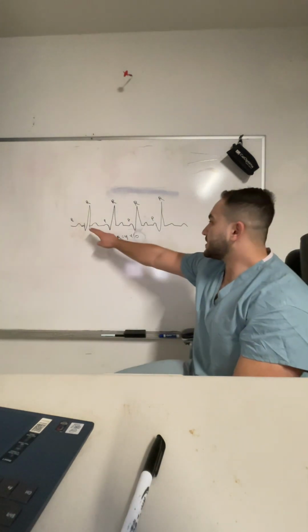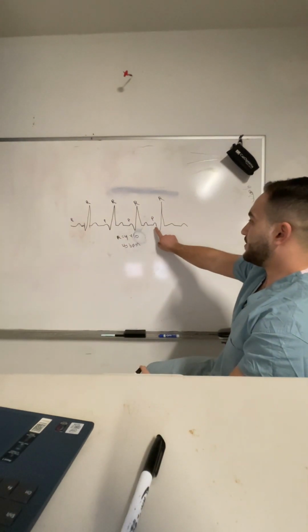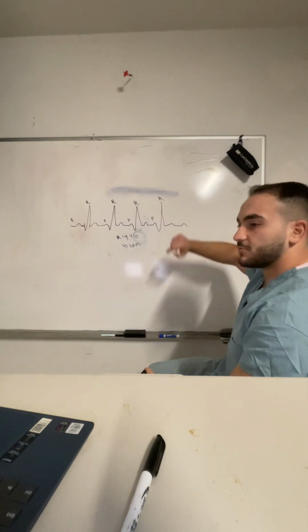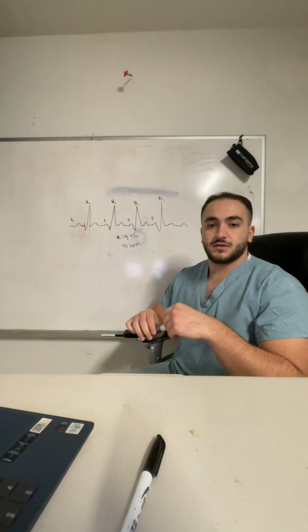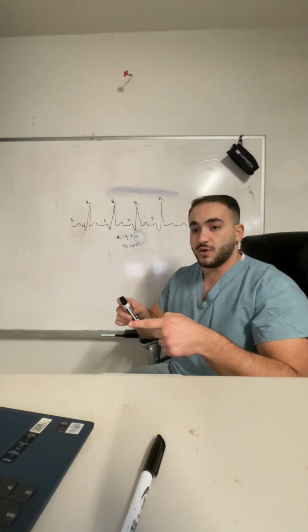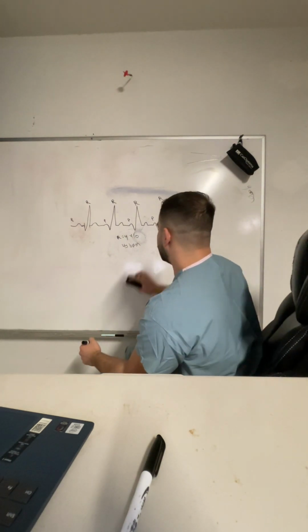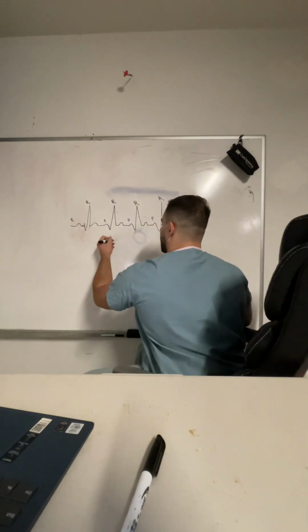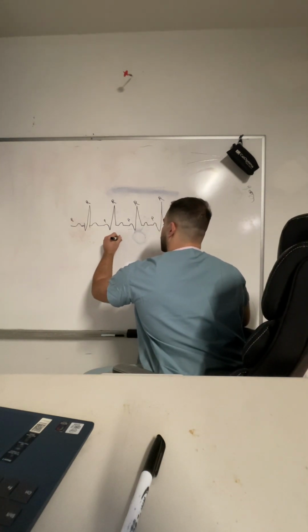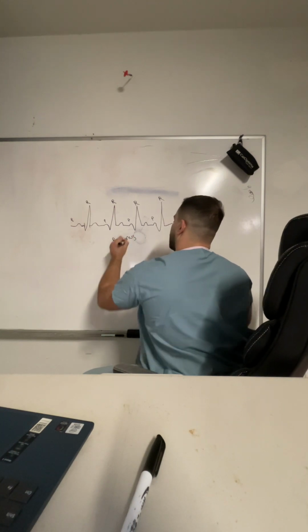You can see that bump right before the QRS complex is present. Is there a P wave? If there is a P wave, that tells us it is a sinus rhythm. So P equals sinus.